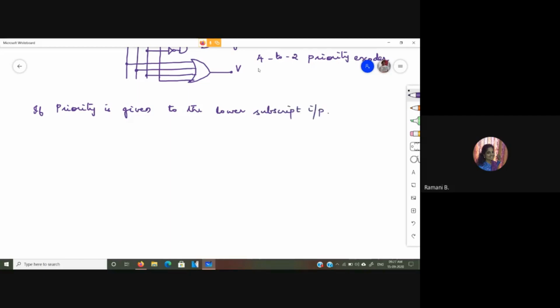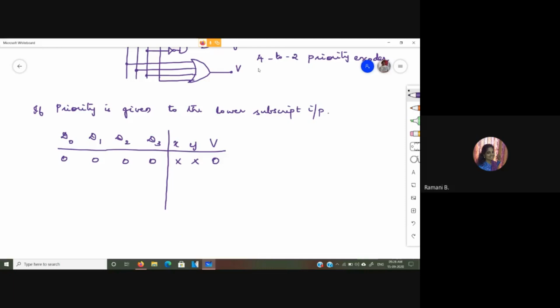input, so in that case, the truth table will be D0, D1, D2, D3, X, Y, and V. So if all the inputs are 0, we are going to have the same case. That is, we are not bothered about the XY values. We say the input combination is invalid one.